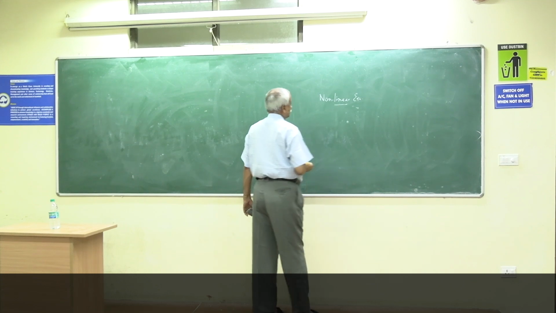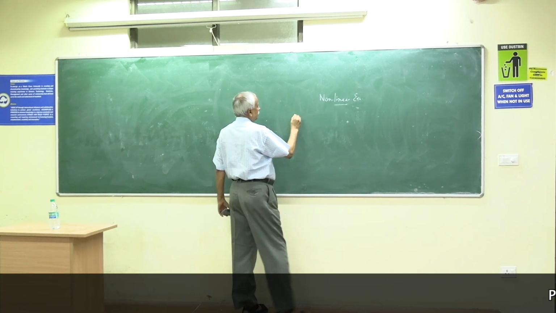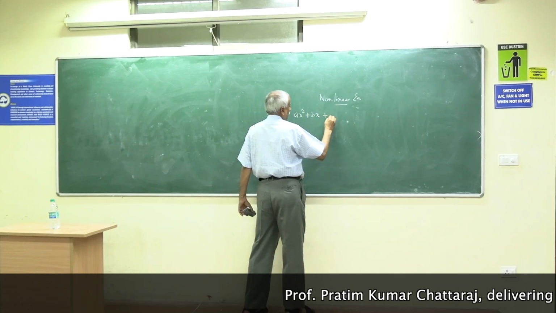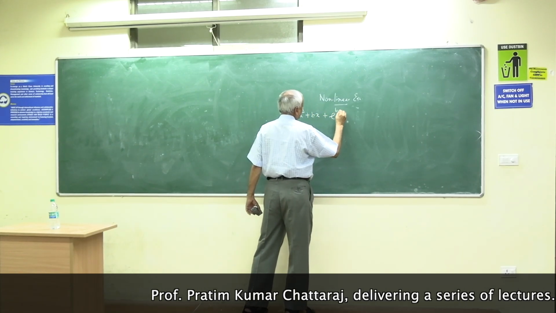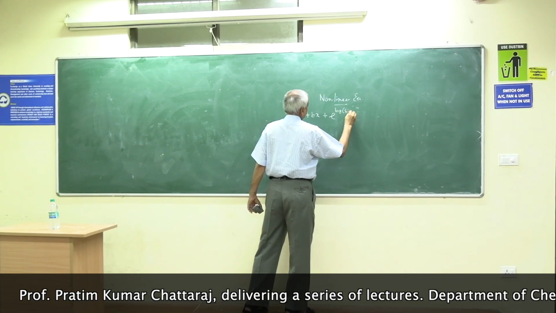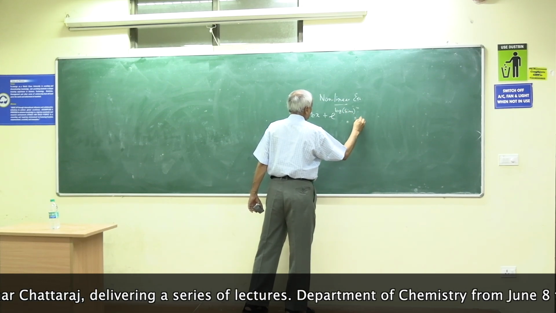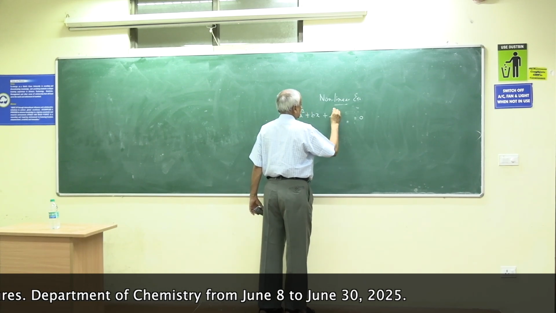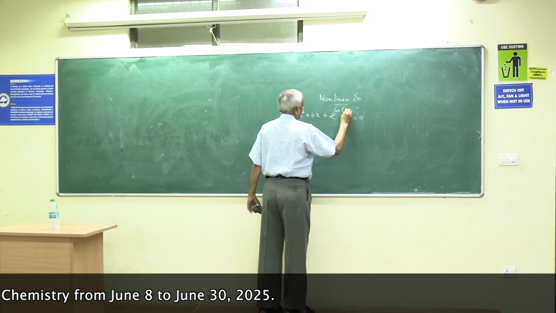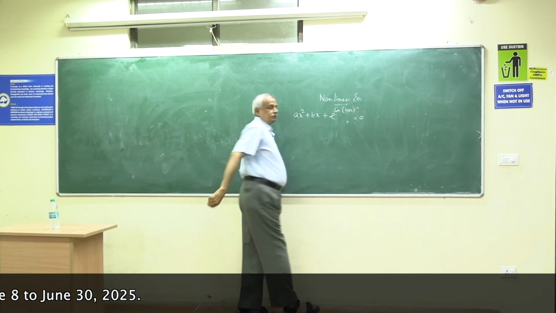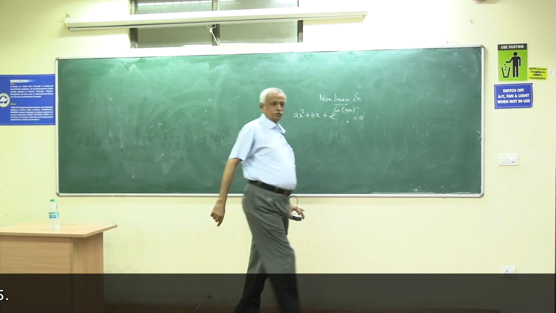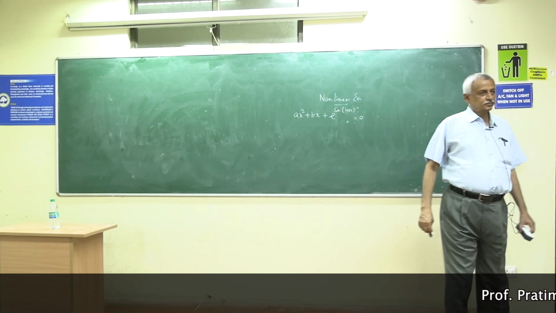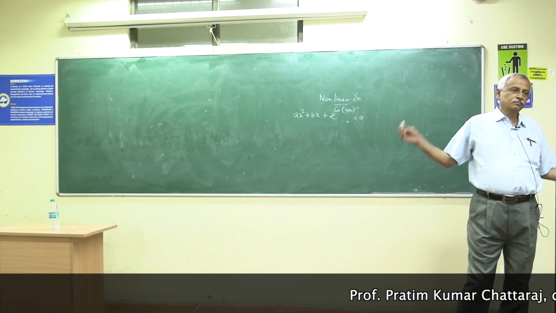Let's say if I have ax square plus bx plus e to the power log of sin x equal to 0. Or I will make it a little bit more complicated, e to the power sin of log x. You can see this is a very complicated equation, isn't it? And it is highly nonlinear.